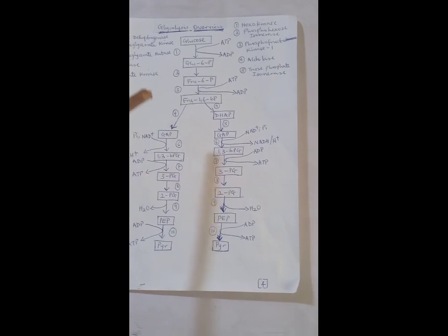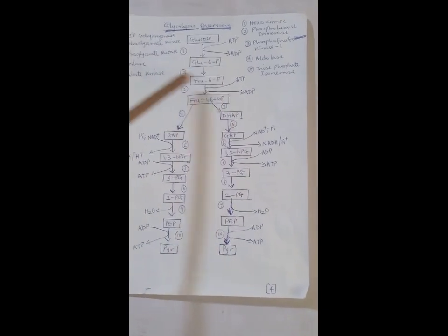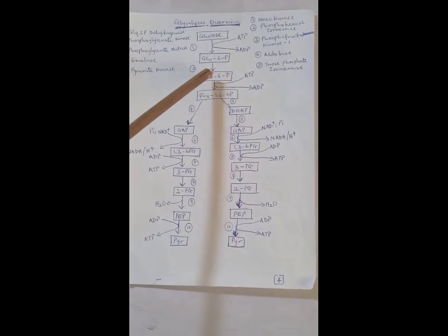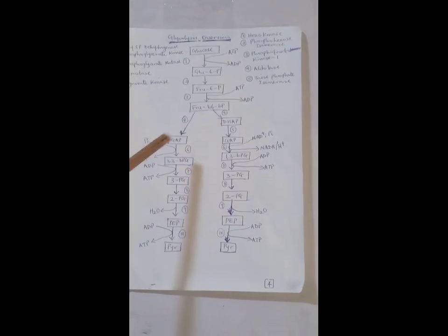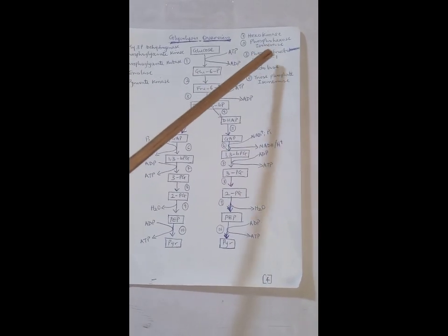The third enzyme in which another ATP is invested, in the preparatory phase, converts fructose 6 phosphate to fructose 1,6 bisphosphate. Fructose 1,6 bisphosphate here is achieved by the kinase phosphofructokinase 1.